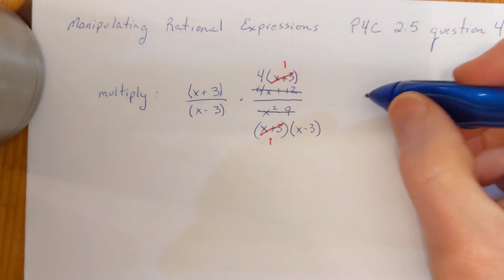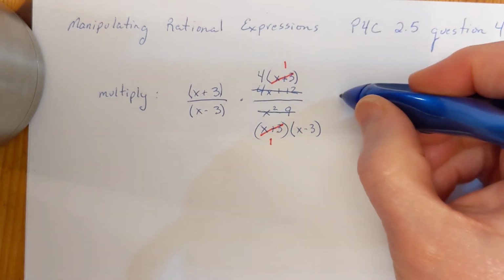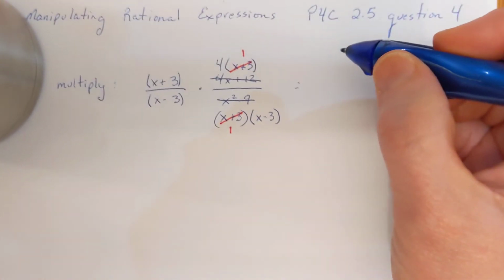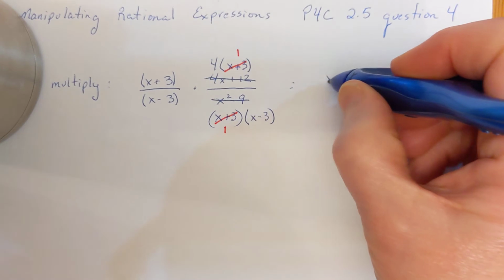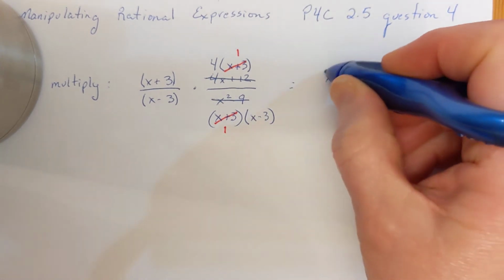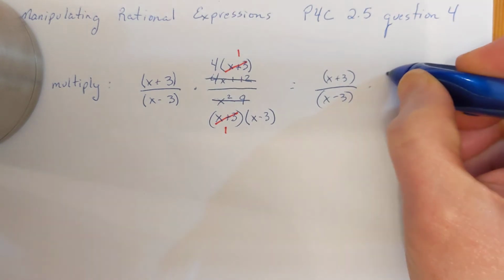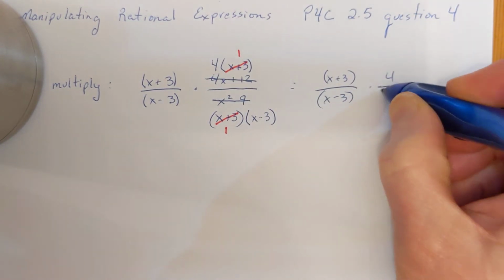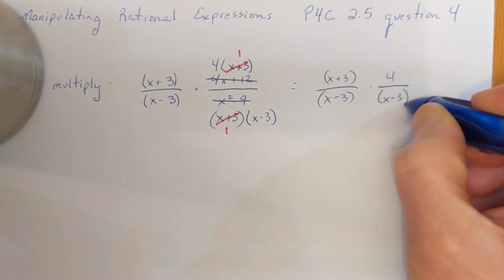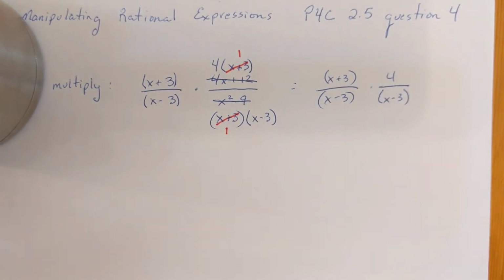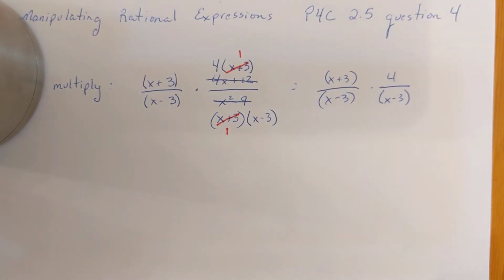This simplifies it much more, so now I have x plus 3 over x minus 3 times 4 over x minus 3. The rule for multiplying algebraic fractions is to multiply numerator, numerator, multiply denominator, denominator.